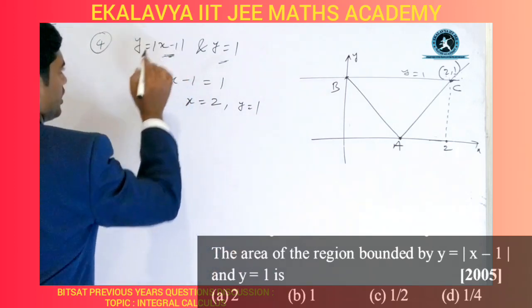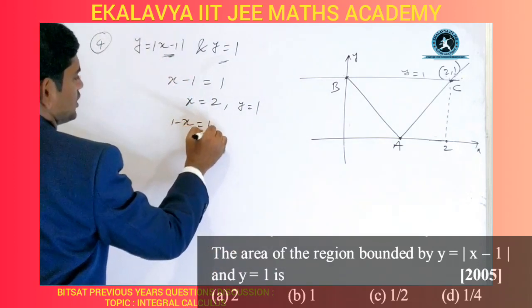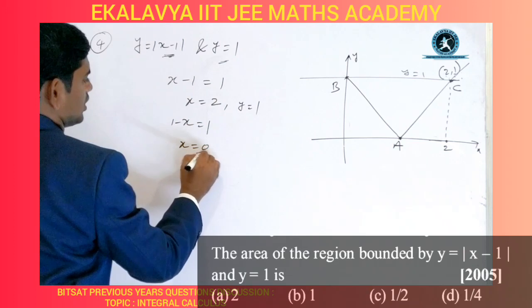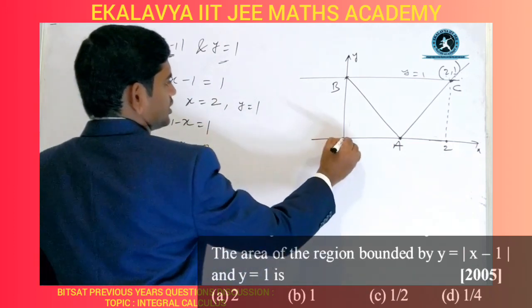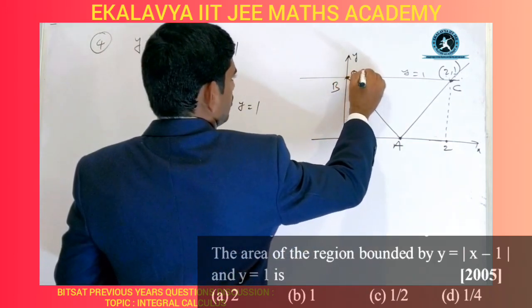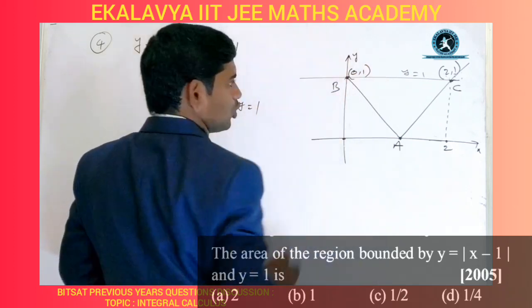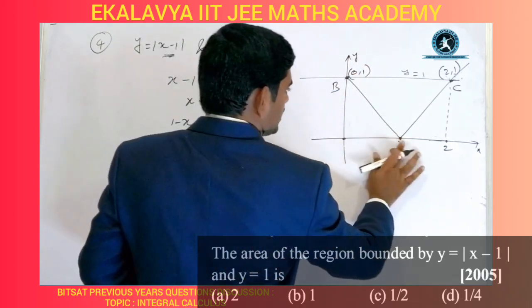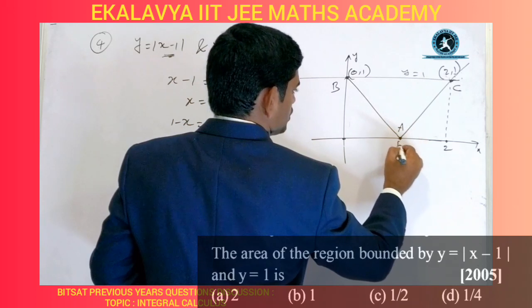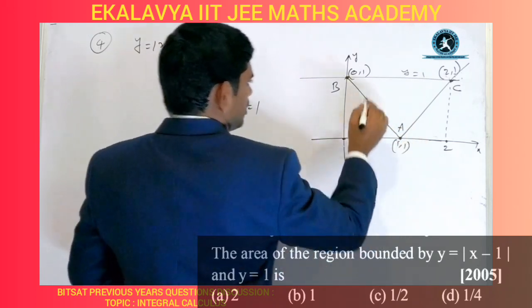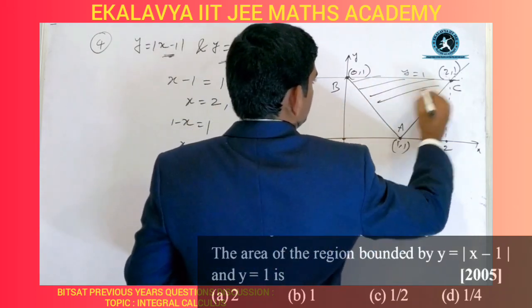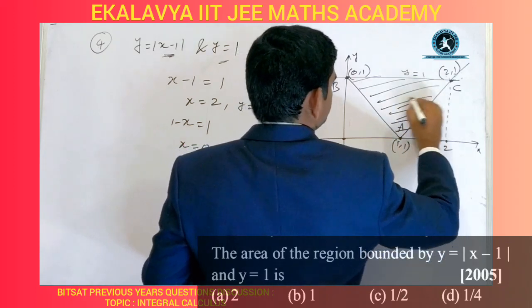Now I am taking negative, I mean 1 minus x, which is equal to 1. Then x is equal to 0. So at x equal to 0, y is 1. So this is point B, and point A is surely 1 comma 1. Now I want to find the area of this region.